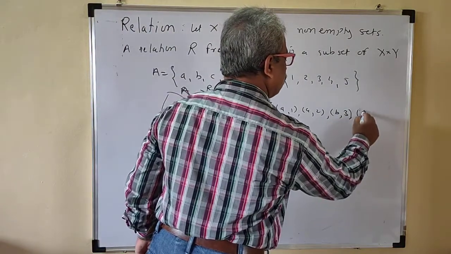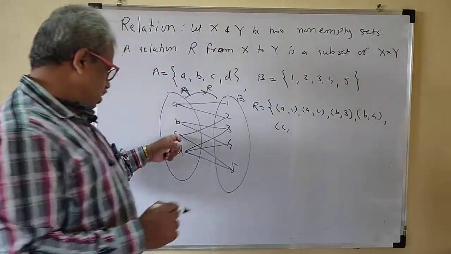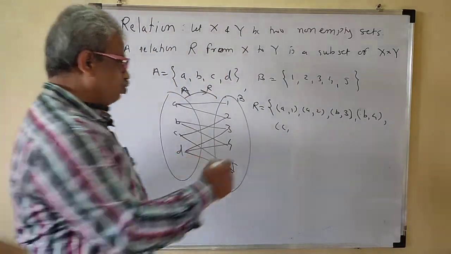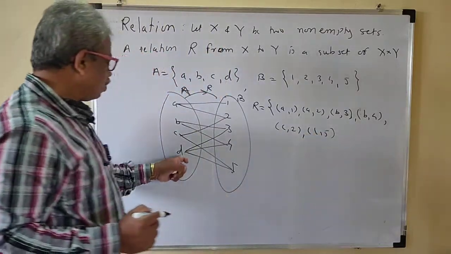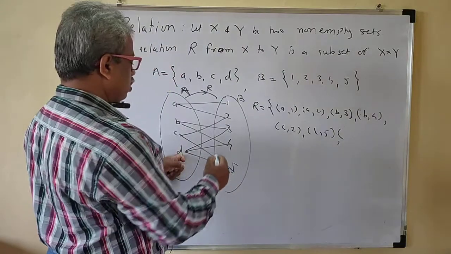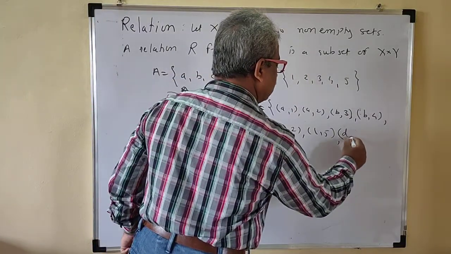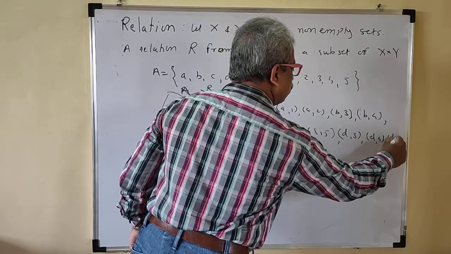What about c? c is related to 2 and c is related to 5. What about d? d is related to 3, 4, and 5.